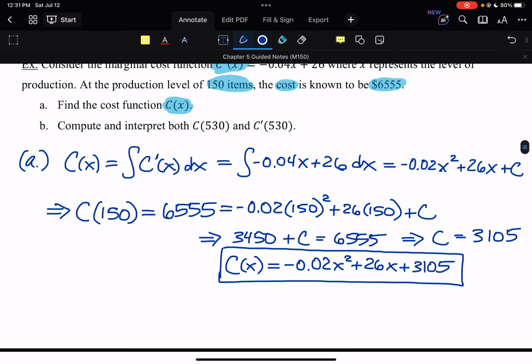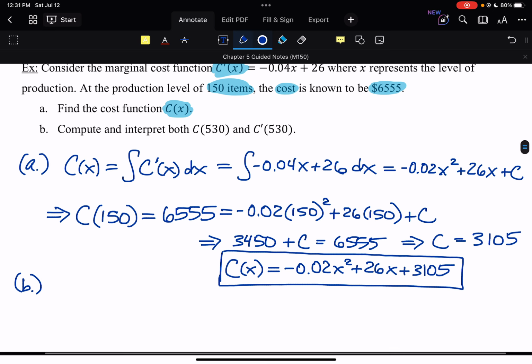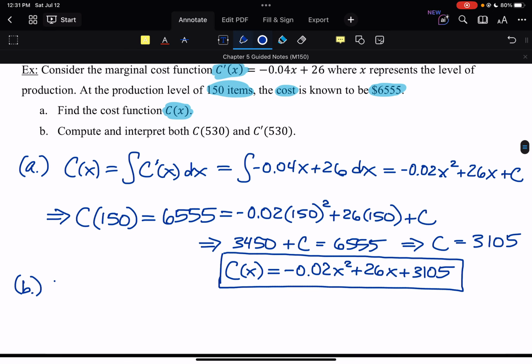Once we have the cost function here, we can use it to compute and interpret C of 530 and C prime of 530. This is definitely work for a calculator, so you would plug 530 into here. I will just tell you that's 11,267.